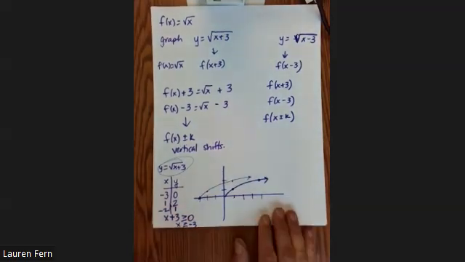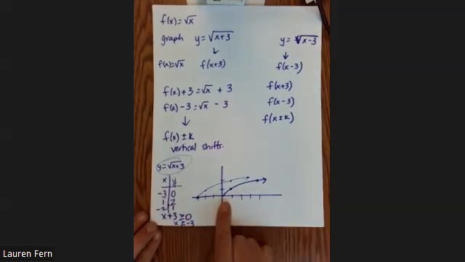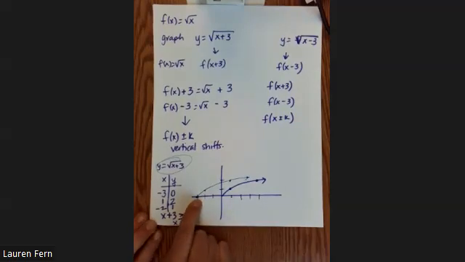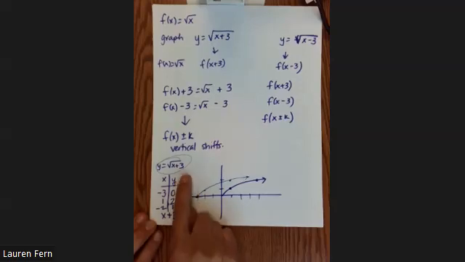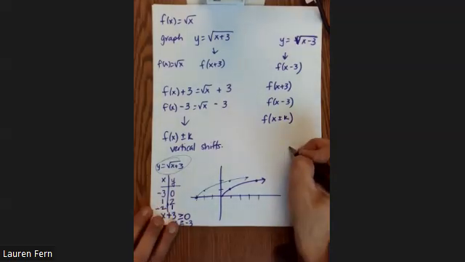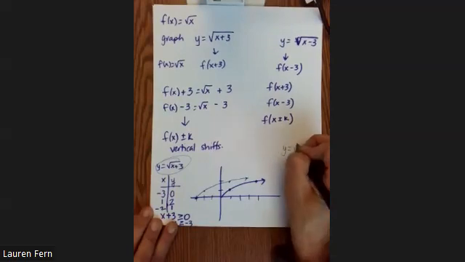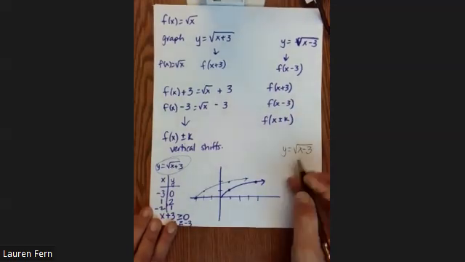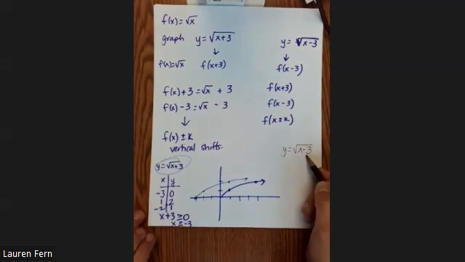What happened to my graph here? Didn't I shift it horizontally to the left 3 units? Well, given that, I want someone to give me a conjecture as to what's going to happen to this one.